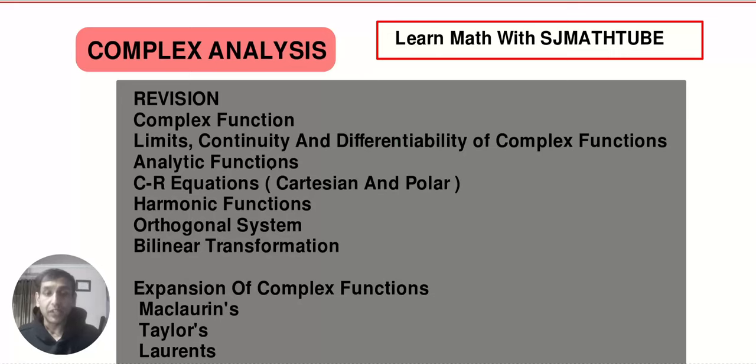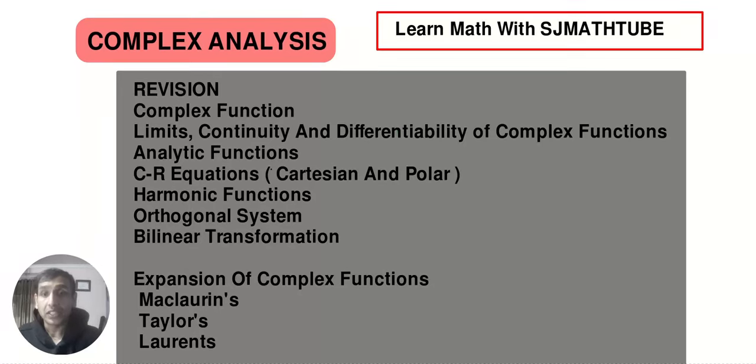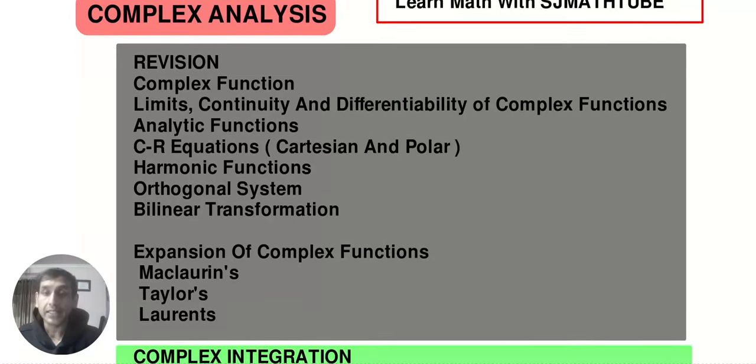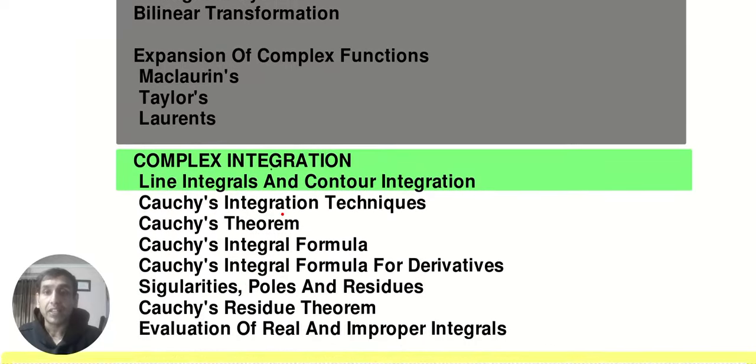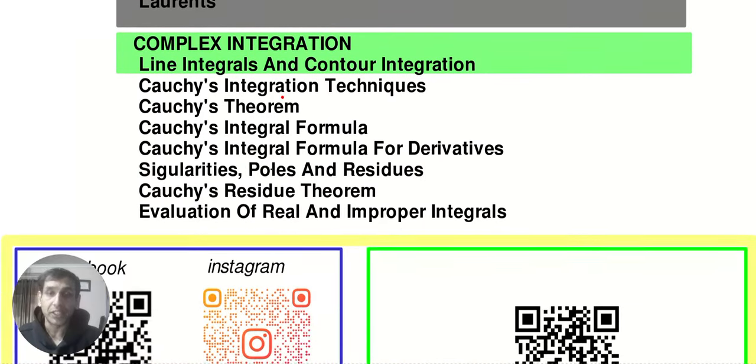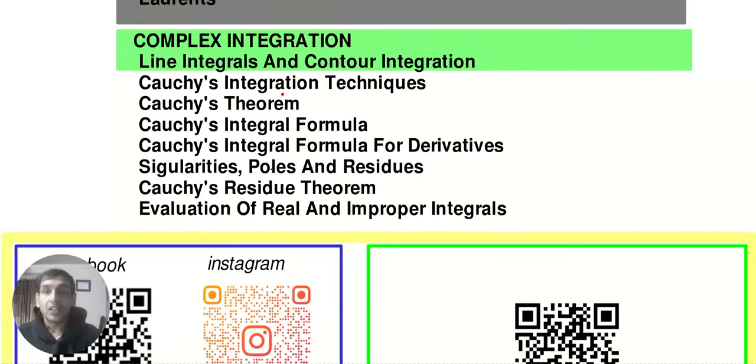So, in this video, we are going to continue our journey in complex analysis and finally we have reached complex integration. In this video, we will learn how to evaluate line integrals. But in the next video, which is going to be extra important, we will cover Cauchy's integration techniques.